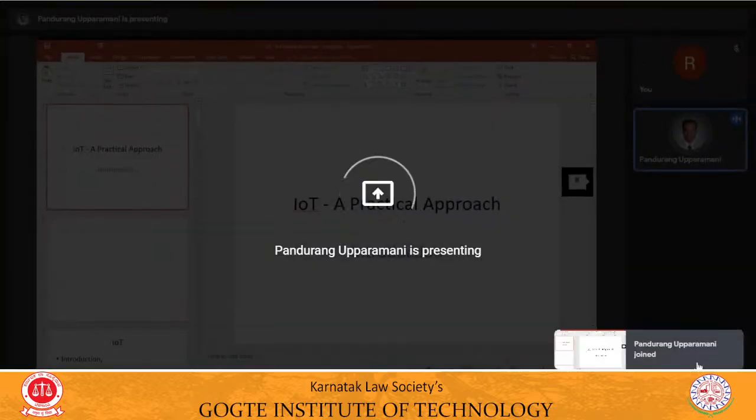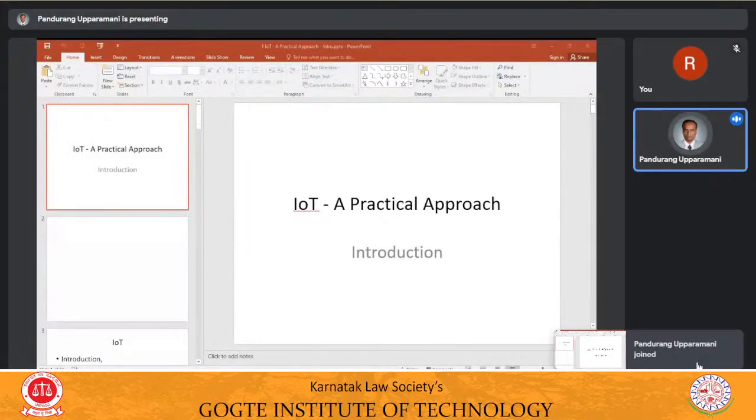some introduction of IoT, a practical approach. In the introduction, we have how it has evolved, the basics and fundas of the IoT, and the applications and the future scope. These are the 3 parts we are going to study briefly.